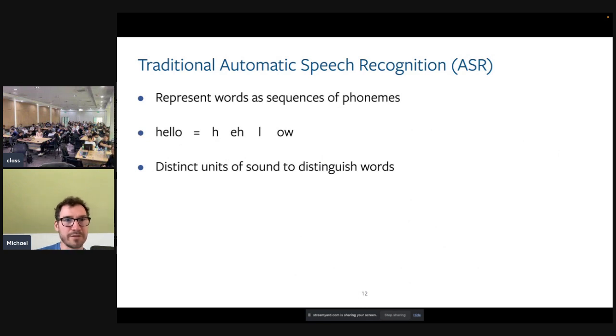If you think about any word, it has different sounds in it, and this is what these phonemes denote. So for example, in hello, you have the H sound, L, O, right? So you can break it down like this, and you can do this in every language. And that's how traditional speech recognition systems are typically built. They don't output actual words, but rather these phonemes that can then be converted back into words.